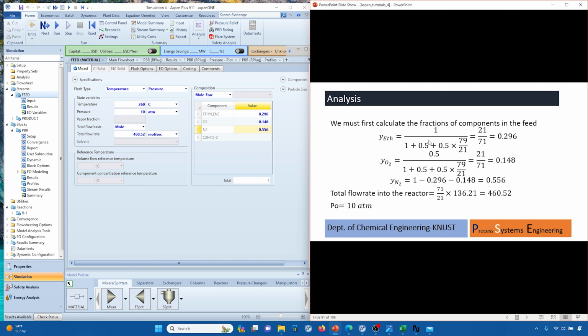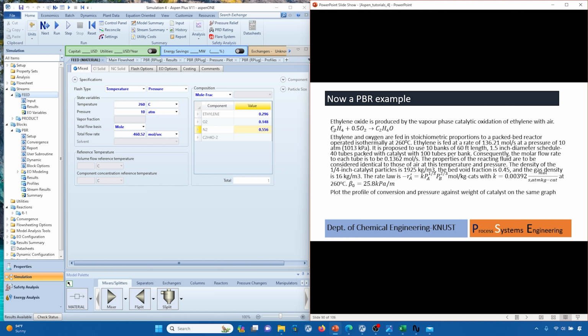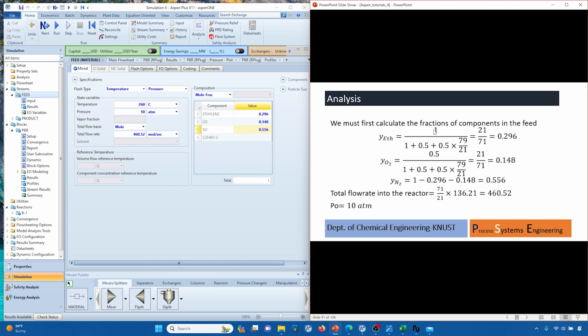Based on the feed is stoichiometric. So for every 1 mole of ethylene, 0.5 moles of oxygen is fed. And based on that, the fraction of ethylene, or the ethylene flow rate divided by ethylene plus oxygen, and this represents nitrogen. That should give us the mole fraction of ethylene in the feed.